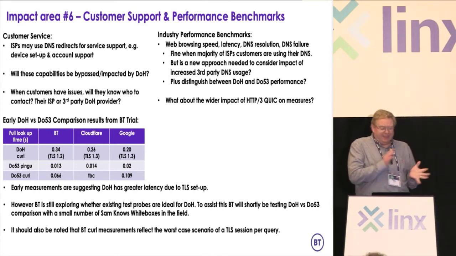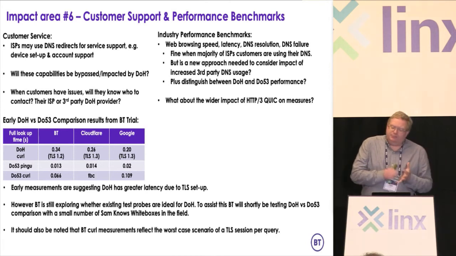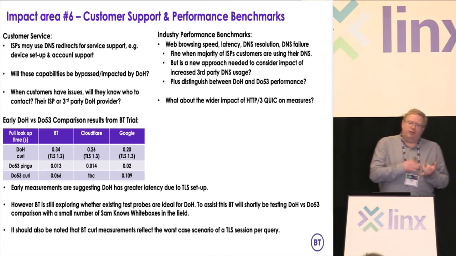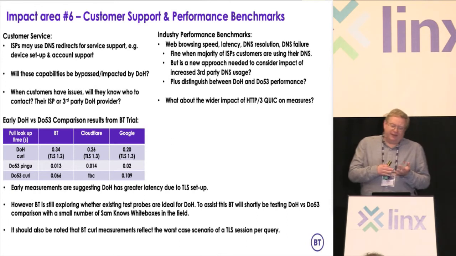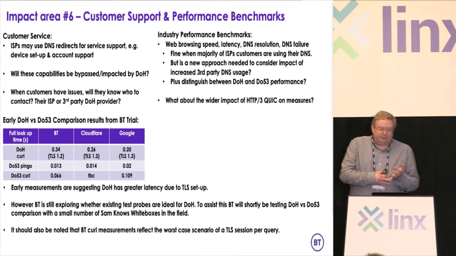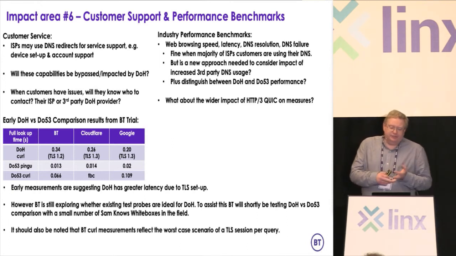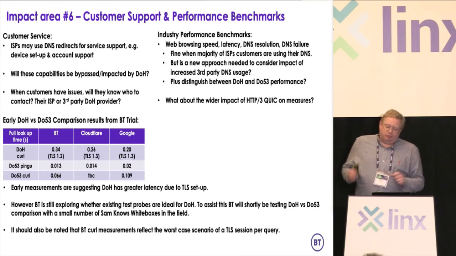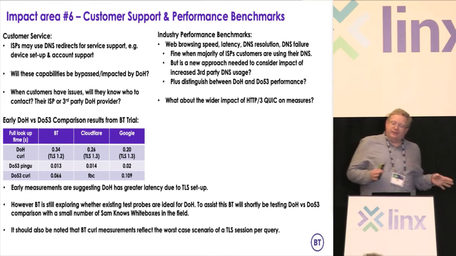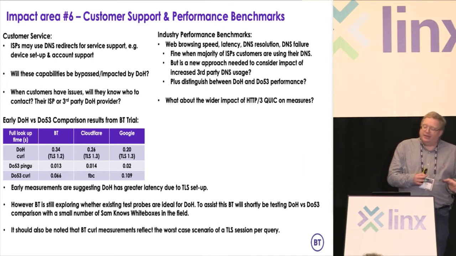Also on this topic, I want to touch on industry performance benchmarks. A lot of the Ofcom measures for broadband, like web browsing speed, latency, DNS resolution, DNS failure, are all DNS related. Fine when the majority of your customer base are using the DNS from that ISP.